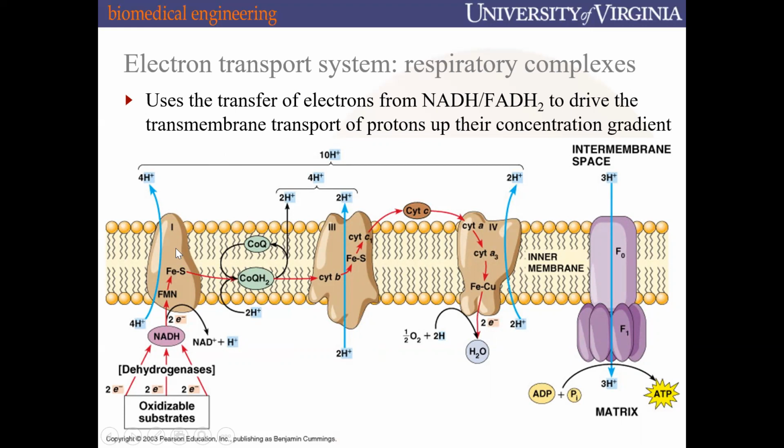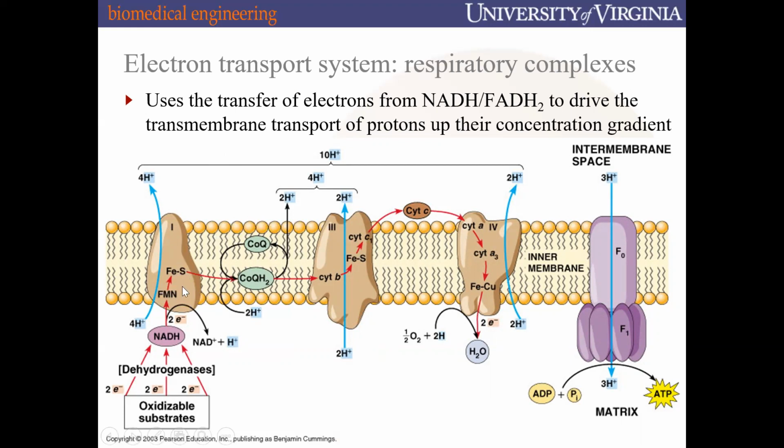I'll also point your attention to these different respiratory complexes. Just to remind you, we have 4 of these: complex 1, complex 2, complex 3, and complex 4. Within these complexes, we find different electron carriers, like flavin mononucleotide, as well as iron sulfur clusters.